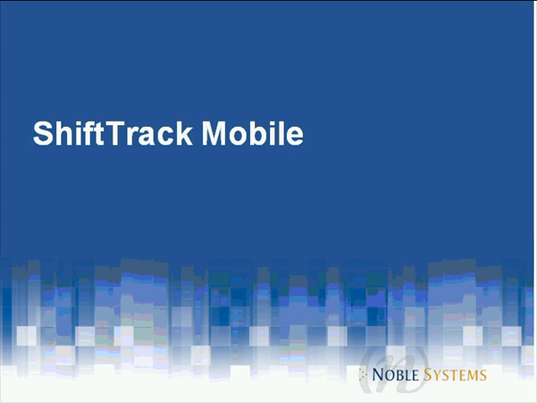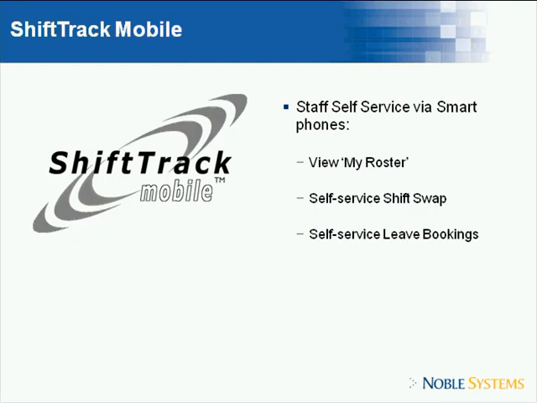ShiftTrack Mobile is our new mobile application specifically designed for mobile phones. So if we have a look here, it's where the agent can actually go in and view their rosters via their smartphone, so they check their rosters, they can apply for shift swaps, leave, etc. All the sorts of things they can typically do within ShiftTrack Remote, they can now perform via what we call ShiftTrack Mobile.